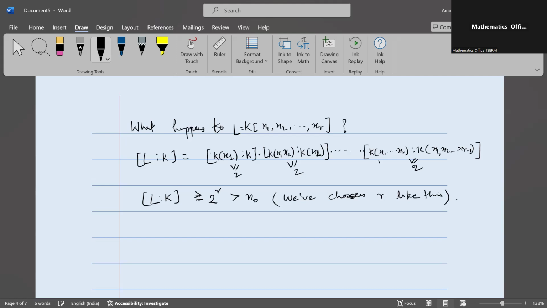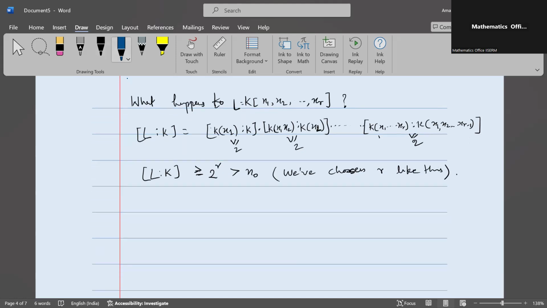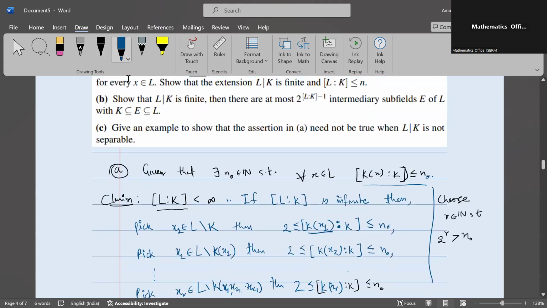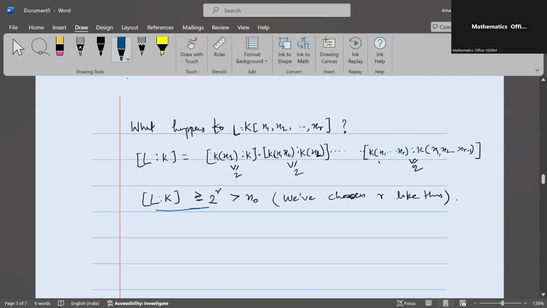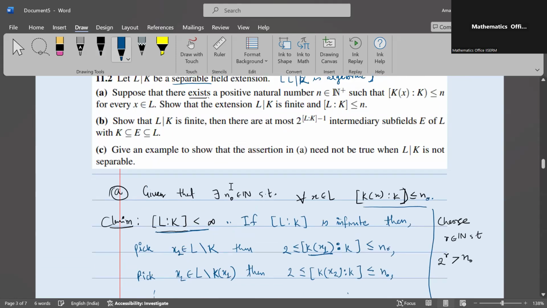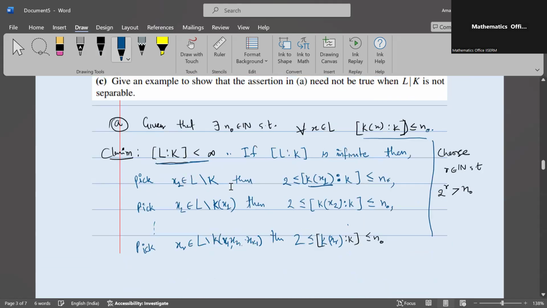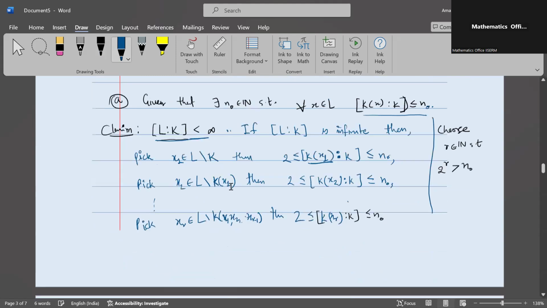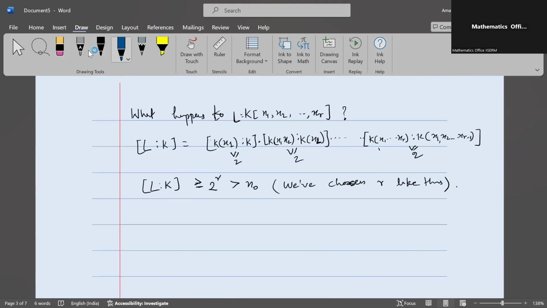Now you see some mistake here. We are getting some contradiction because this was infinite. L, oh, sorry. L is already used here. So I should write something else. Okay, this is a mistake.